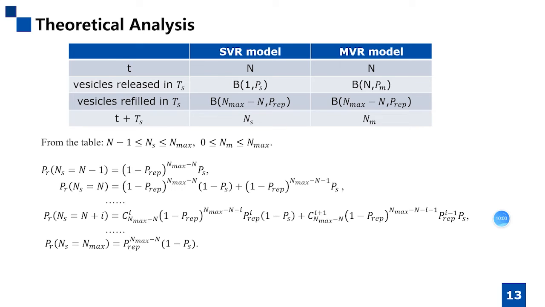NS and NM represent the number of vesicles in the RP for the two models at time t and Ts, respectively. Obviously, it can be seen that Ns is larger than or equal to n minus 1, and smaller than or equal to n max. Also, Nm is larger than or equal to 0, and smaller than or equal to n max.